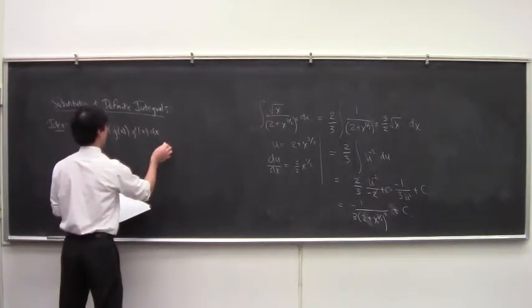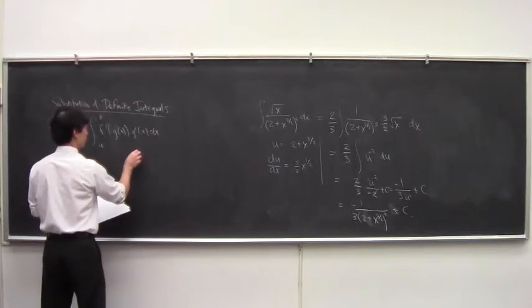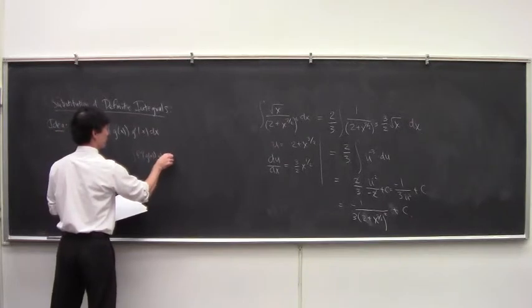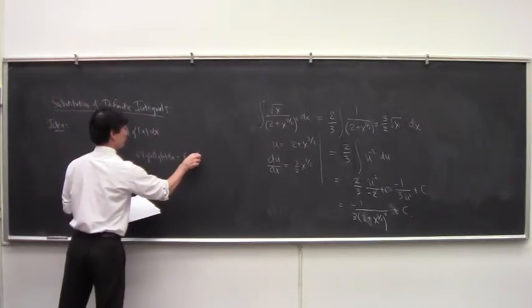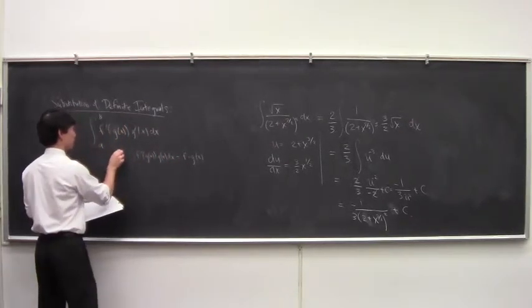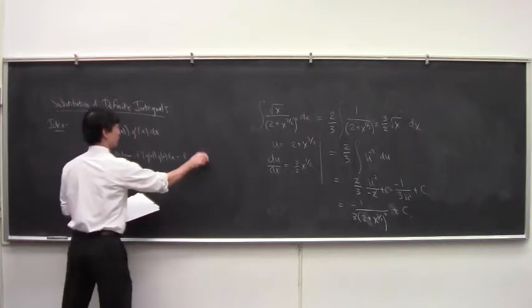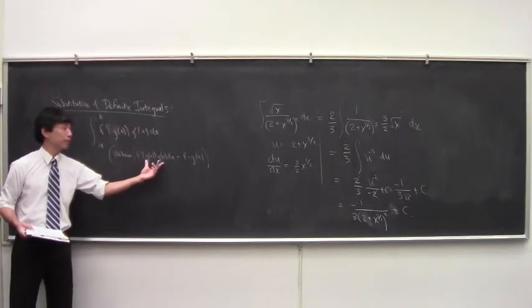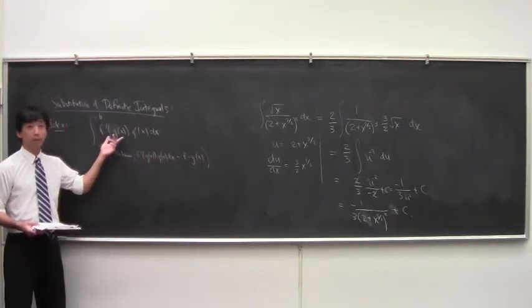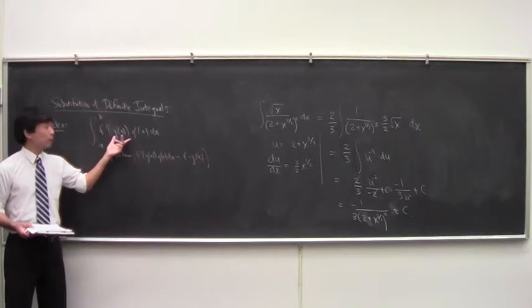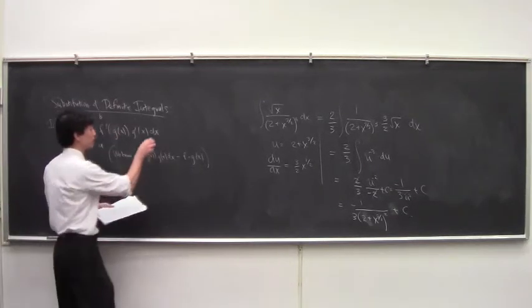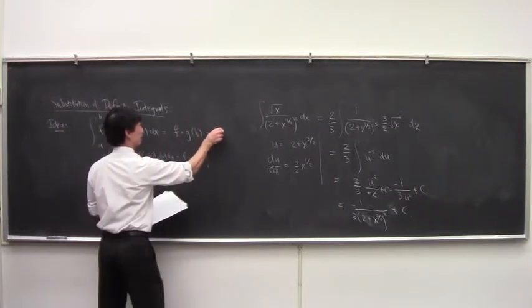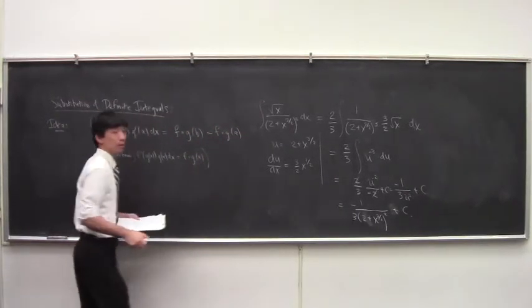Well, we know that the antiderivative of this, by the chain rule, is f composed with g. So by the fundamental theorem of calculus, this is f composed with g at b minus f composed with g at a.